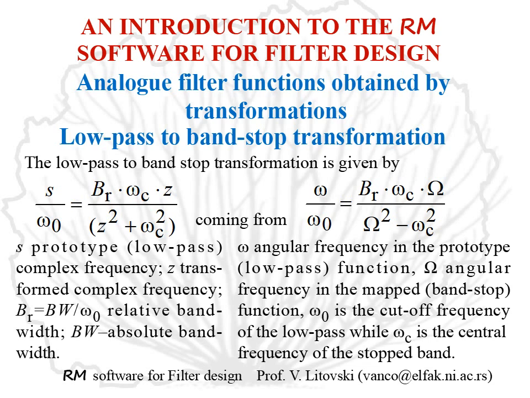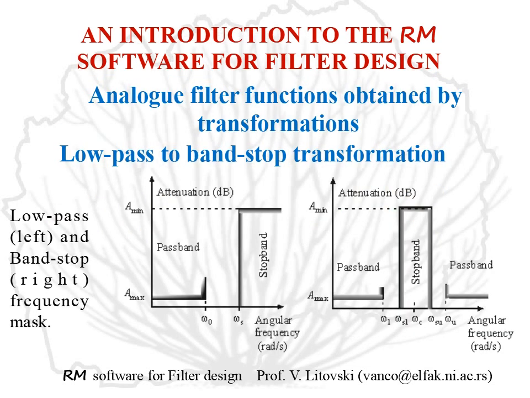BR is the relative width of that suppressed band. Here the mapping is also shown. Now, as can be seen, two passbands are created, which are again geometrically symmetric. The values of A min and A max are the same, and the width of the transition regions is indirectly controlled.